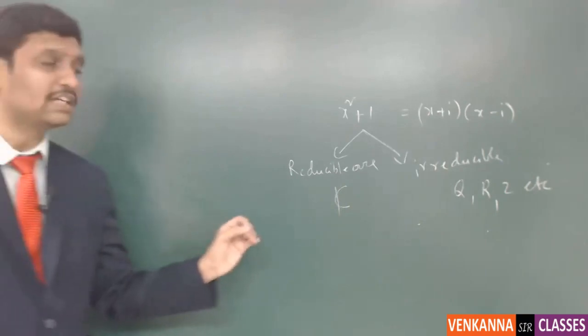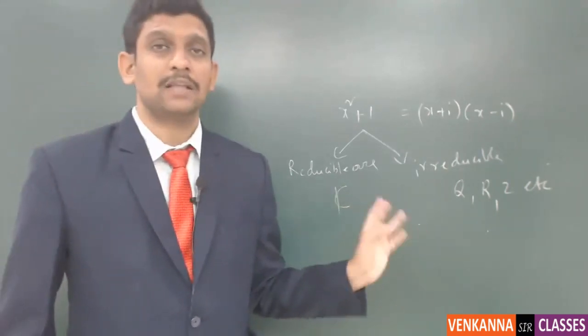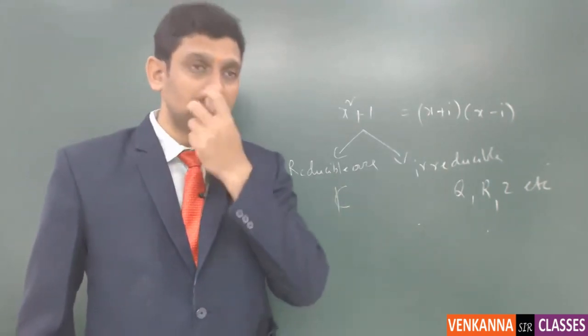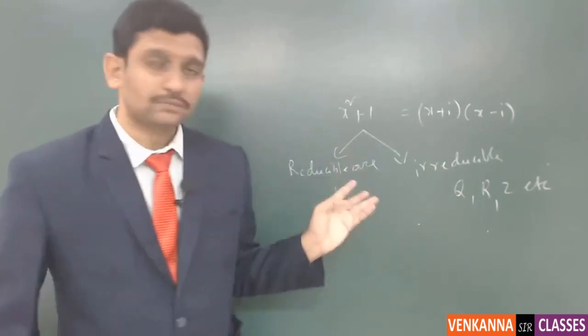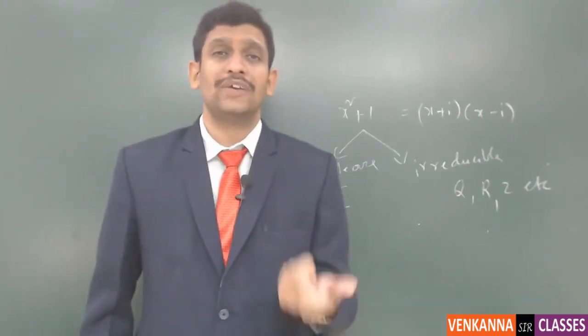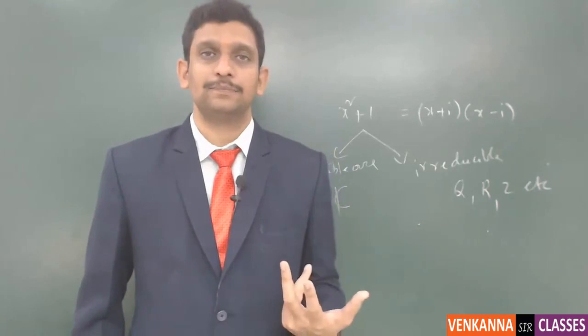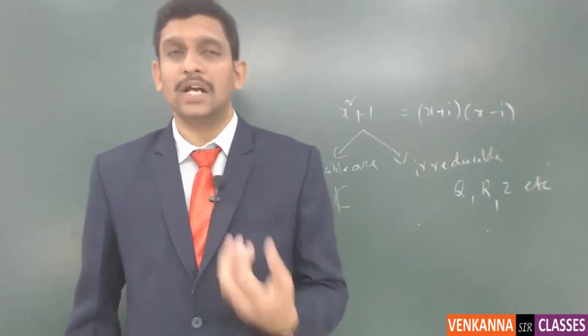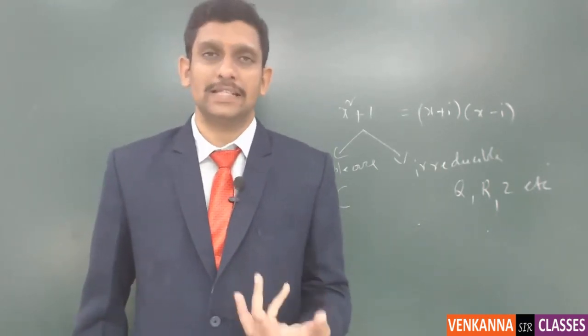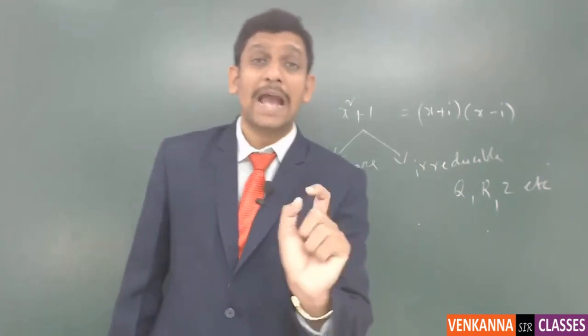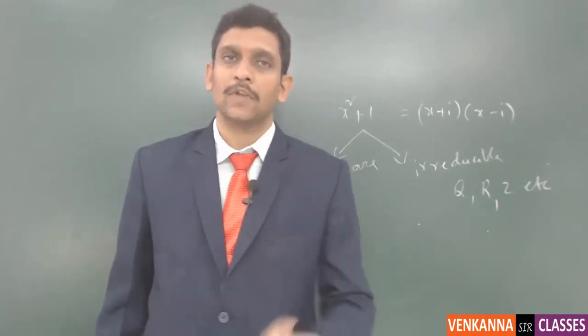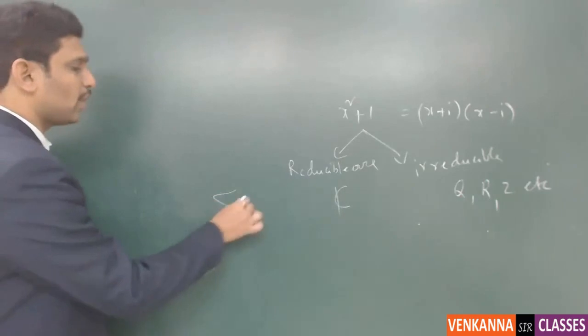Why are we giving maximum stress on the concept of irreducibility? Because for every ring you can calculate the ideals. So in a polynomial ring also we can calculate the ideals. So what is the ideal structure there? It is the multiples of a polynomial.